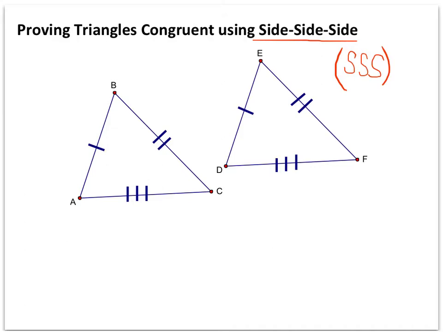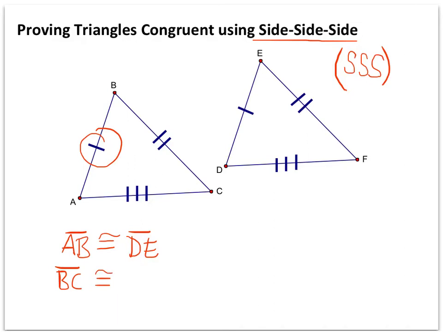So here we have that side AB is congruent, as denoted by this tick mark here, to side DE. We also have that side BC is congruent to side EF.